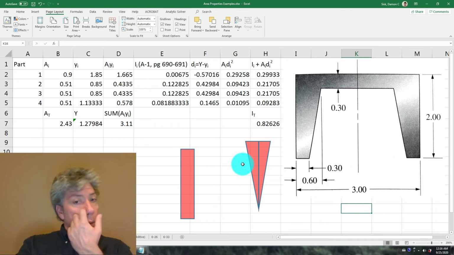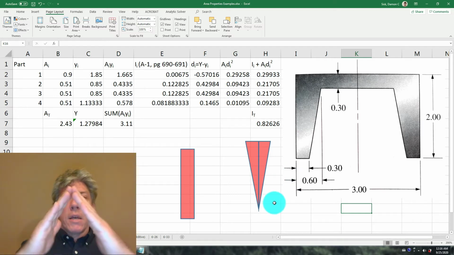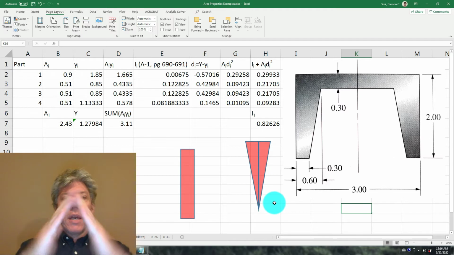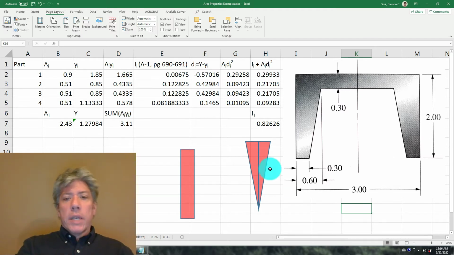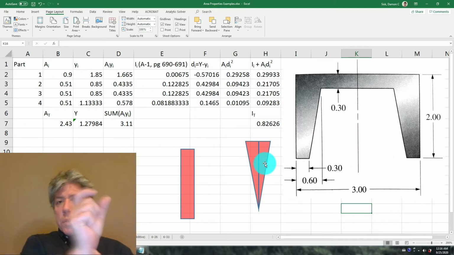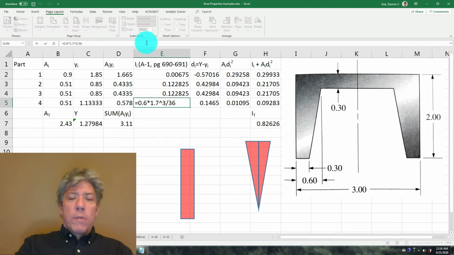And by the way, it doesn't actually matter how the area is, that peak doesn't have to be isosceles. It could be at an angle. It doesn't really matter, because all we care about is how the area is distributed this way, not how it's distributed left and right, just vertically. So I use the equation for the moment of inertia of a triangle, and you notice it's the base of the triangle.